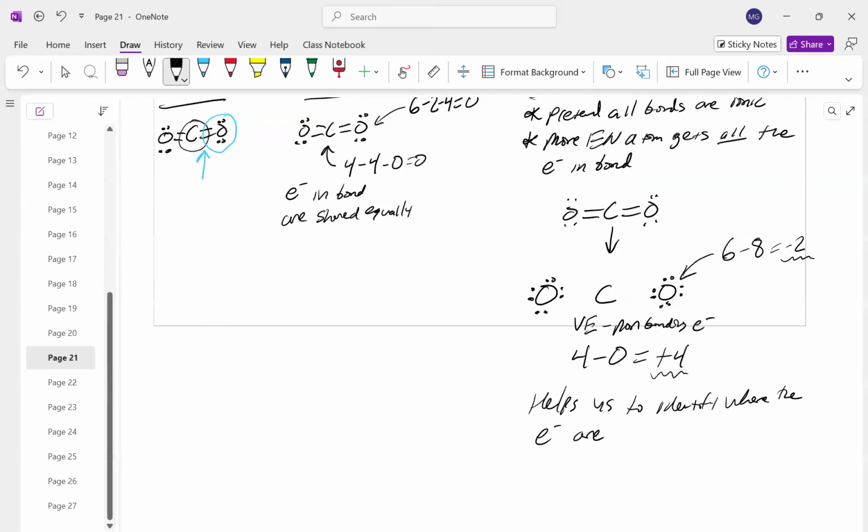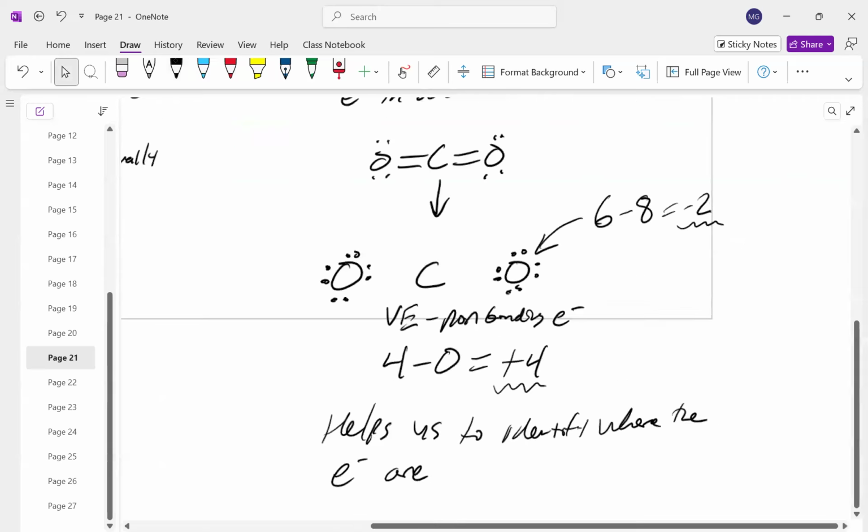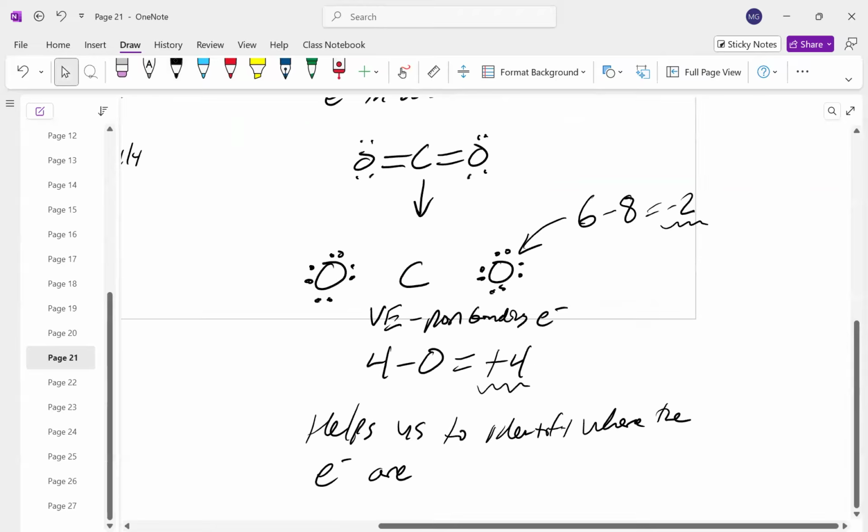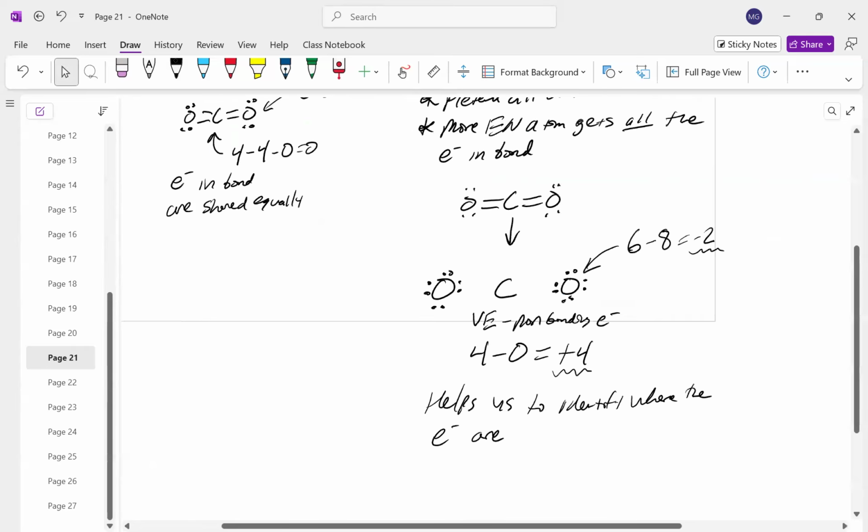Now, I will mention that you probably will not ever do this kind of calculation. In the next video, I'm going to go over some of the ground rules, or tips, so to speak, on predicting and calculating oxidation numbers.